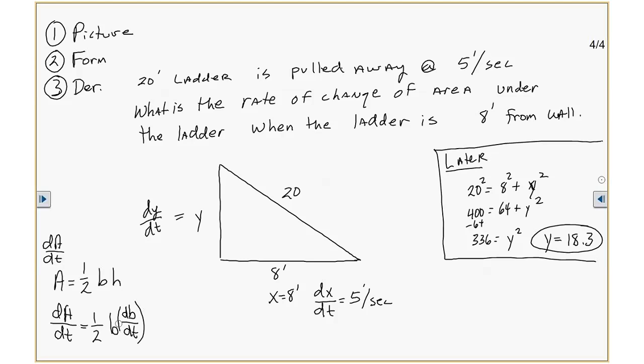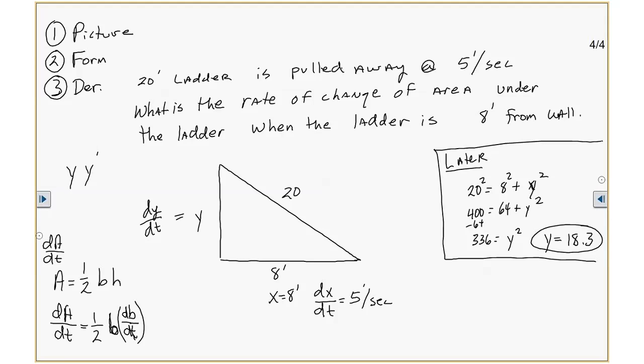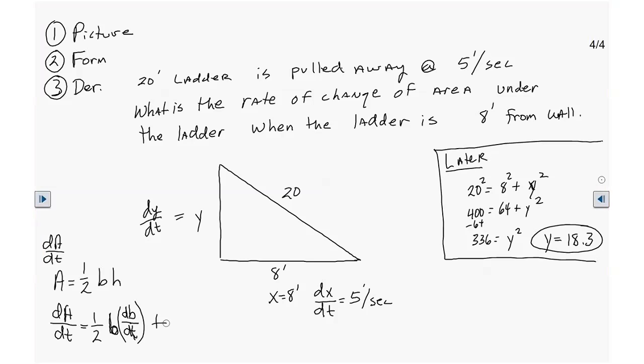Remember your implicit differentiation, whenever you take the derivative of something, you have to multiply it times y prime or whatever when you're taking the implicit differentiations. And then that's going to be plus h, because you're using the product rule, h dh dt.